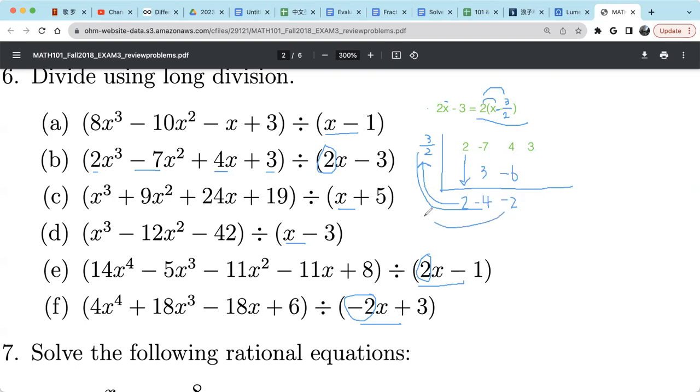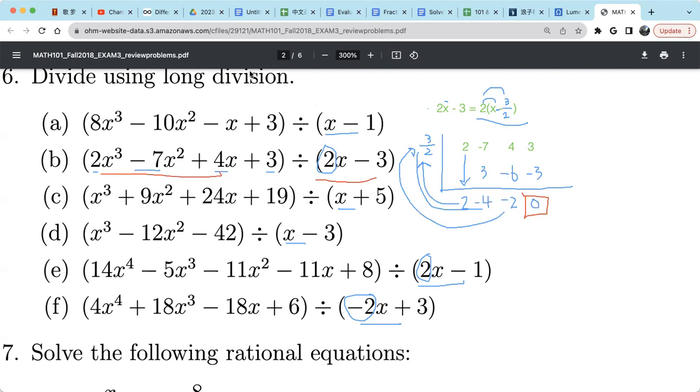Then we multiply negative 2 with 3 over 2. We get negative 3. We add 3 and negative 3. Yes, 0. So this is the ideal situation. The ideal situation is saying, yes, the remainder is 0, which means this is a factor of the dividend.